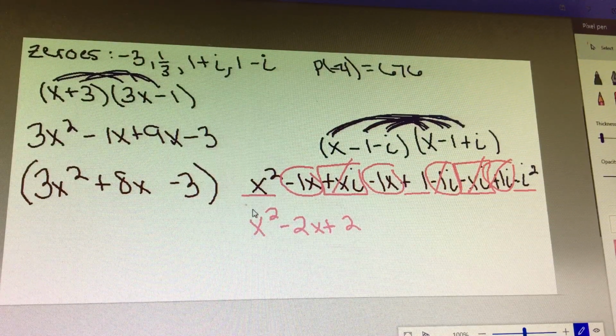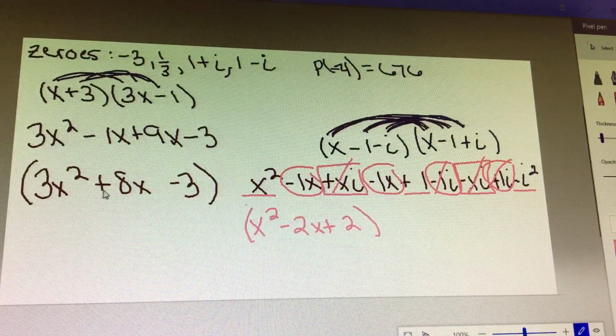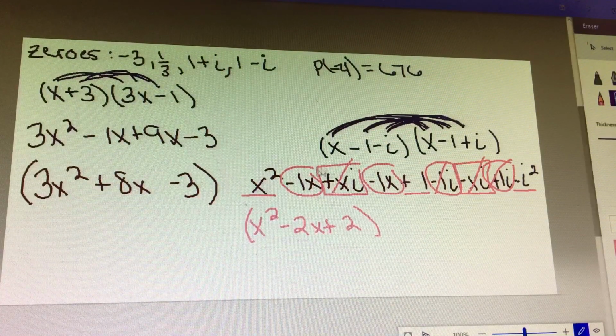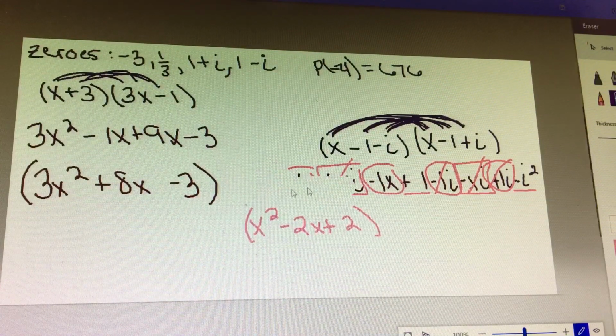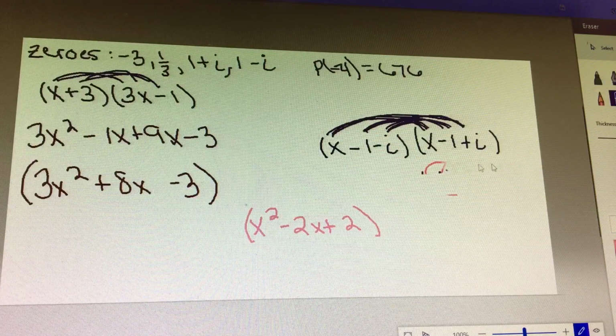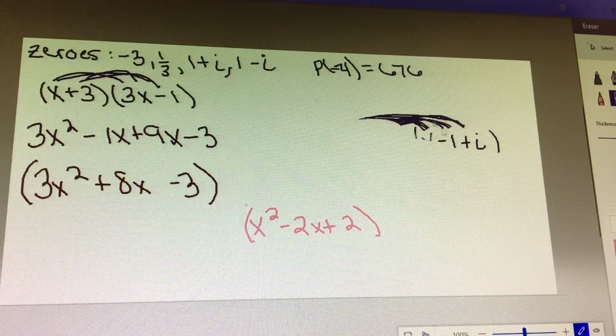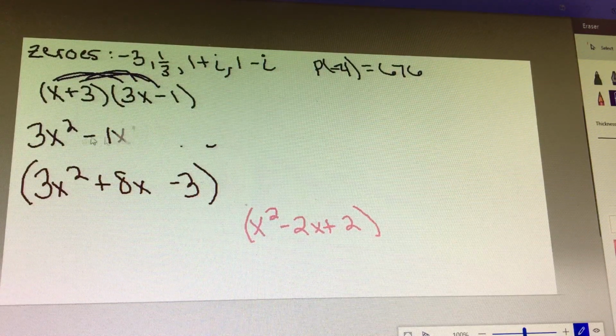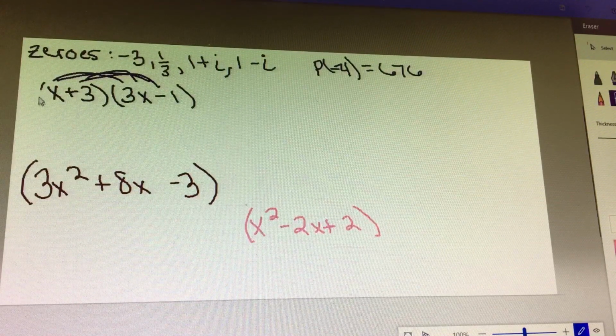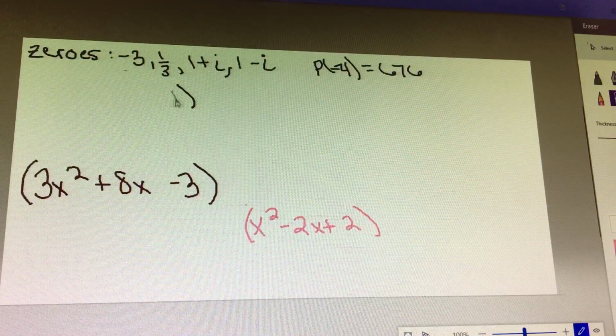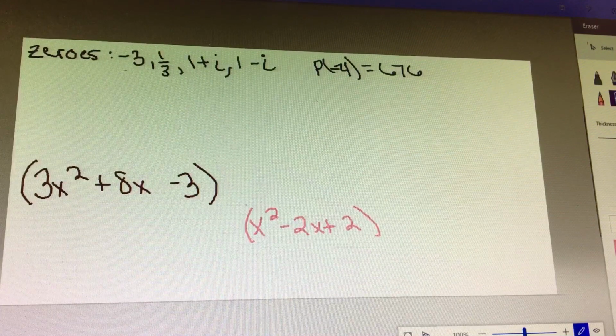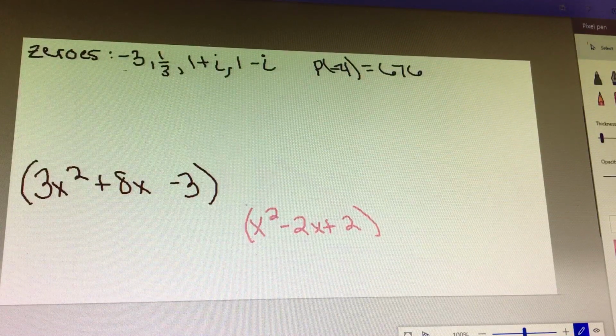All right, so my two factors now are 3x squared plus 8x minus 3 times x squared minus 2x plus 2. Again, I need to make some room, so we're going to do some erasing and rewrite these in blue.